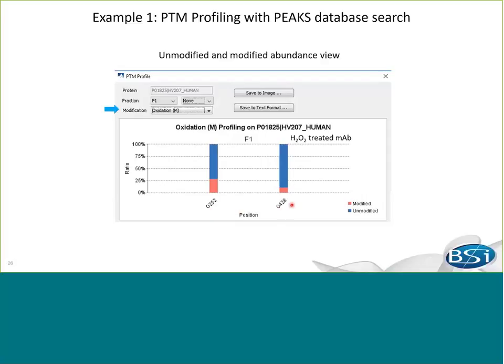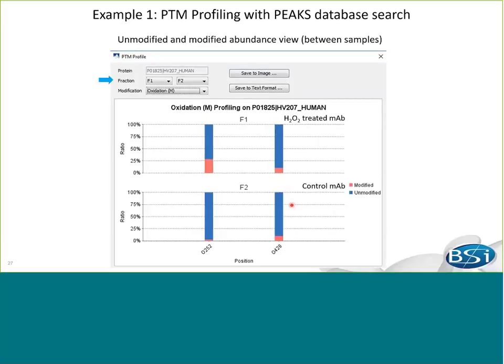You can choose which type of PTM you want to see. Here, this figure shows the methionine oxidation quantity in a hydrogen peroxide treated MAB sample, and two methionine modification sites were identified and quantified, position 252 and 428, the example that I used before.